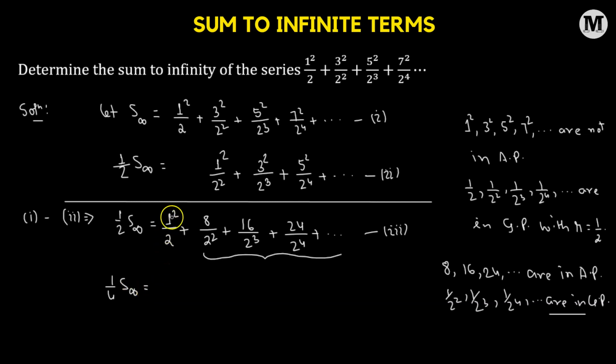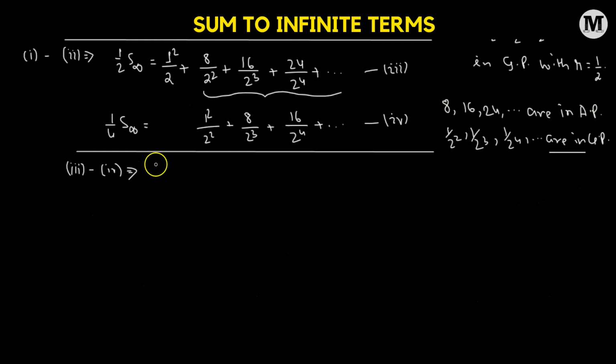That will be equals to, now 1 squared over 2, that's the first term. When multiplied with 1 over 2, we're going to get 1 squared over 2 squared. Added to, second term 8 over 2 squared multiplied to 1/2 gives us 8 over 2 cubed. Added to 16 over 2 raised to the power of 4, and we have the rest of the terms. We're going to name this as number 4. Now we will subtract 4 from number 3. Now on the left hand side, we're going to get 1 over 4 multiplied to the sum of the infinite terms. This is going to be equals to 1 squared over 2.